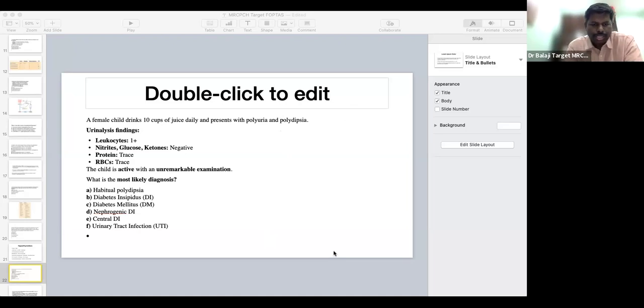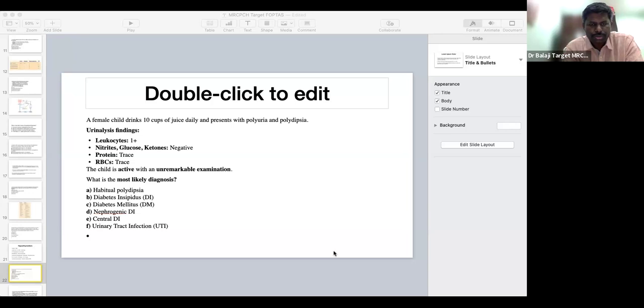But to start with, in NICE guidance, it's given that restrict the child's intake of juices in between the meals. Restrict the child's intake of flavored drinks, beverages in between meals. So that itself will reduce the polyuria and polydipsia.